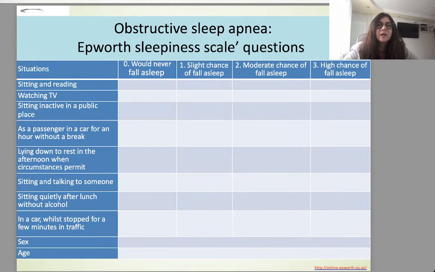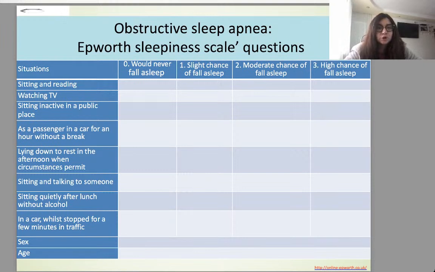And here is how the Epworth sleepiness scale questionnaire looks. You remember it is for checking daytime sleepiness. The patient should grade a lot of situations on a scale from 0, that they would never fall asleep, 1, a slight chance to fall asleep, 2, moderate chance, and 3, high chance to fall asleep.